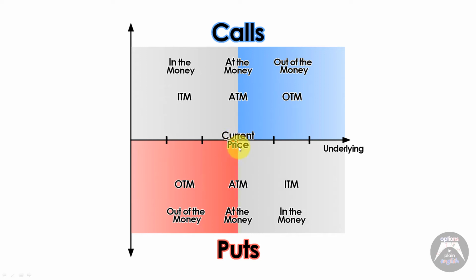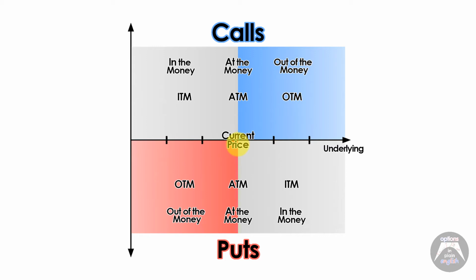It doesn't need to be exact, but it does need to be the one that is around the closest to the current price. So for example, if the price is $61 and there is a $60 strike and also a $62 strike, then either one of those two, or actually both of them, could be considered at the money.